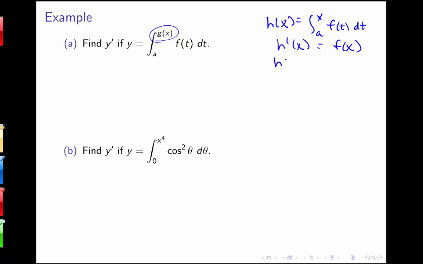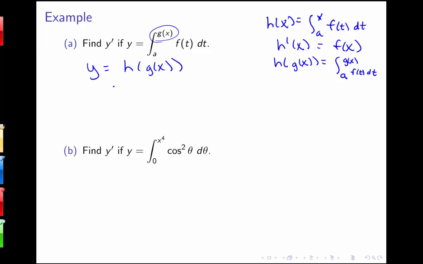I could also talk about a function h of g of x, which would be equal to the integral from a to g of x of f of t dt. I could talk about plugging in a function g of x here, and that's the kind of thing that I have over here. So notice that y equals, according to one of these definitions, h of g of x.